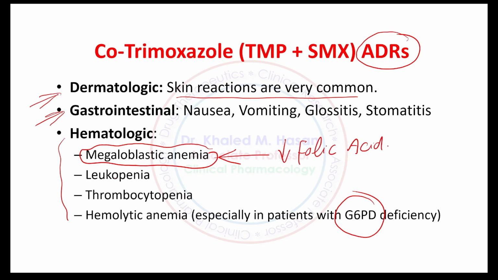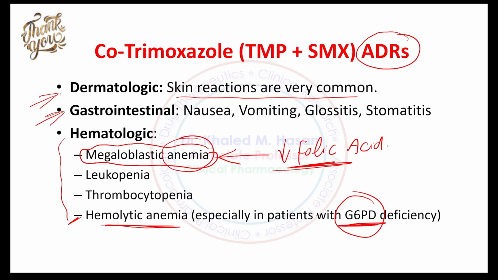So, for hematologic effects, we have megaloblastic anemia, leukopenia, thrombocytopenia, and hemolytic anemia. We have two types of anemia: number one, megaloblastic anemia due to the deficiency of folic acid, and number two, hemolytic anemia due to the deficiency of G6PD.